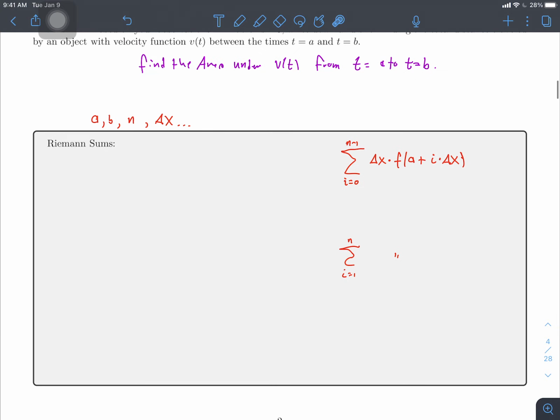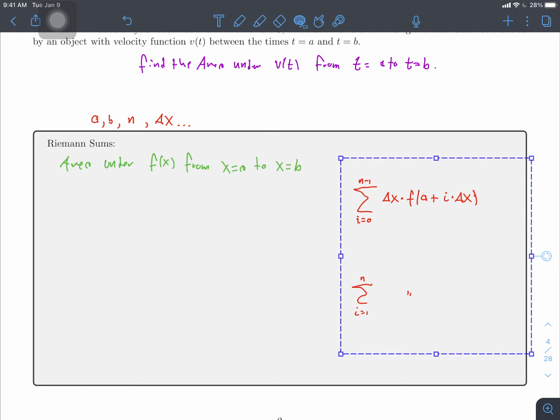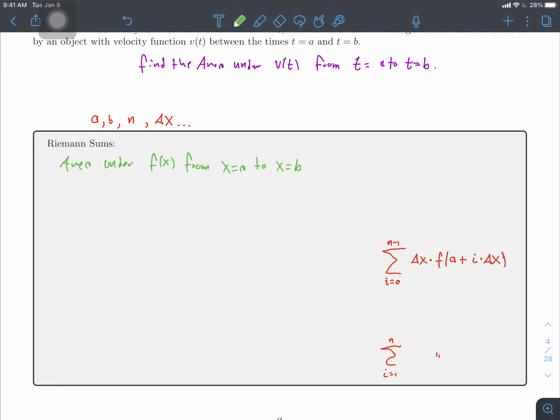Okay, so the area under f of x from x equals a to x equals b can be approximated using n rectangles.